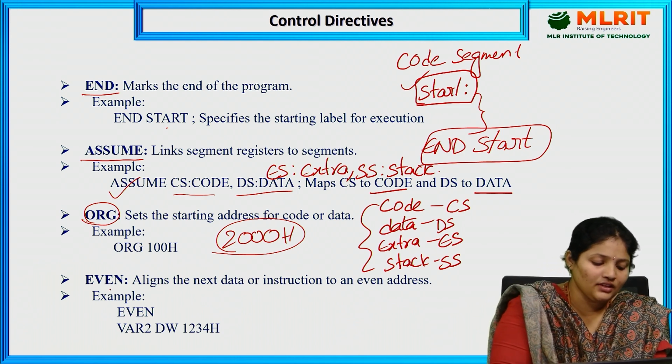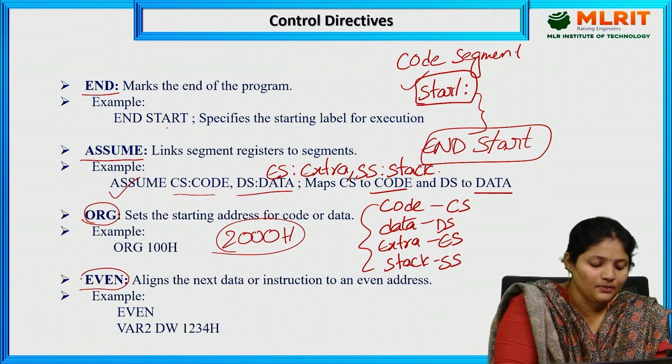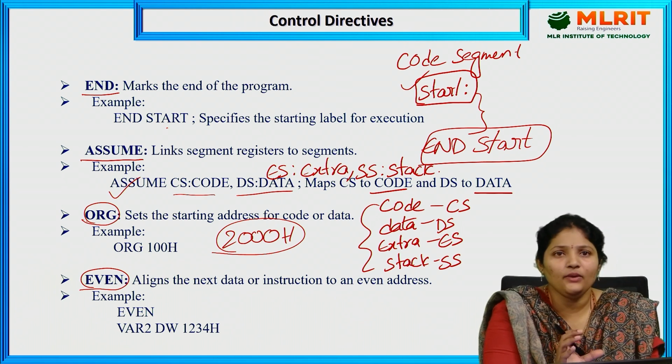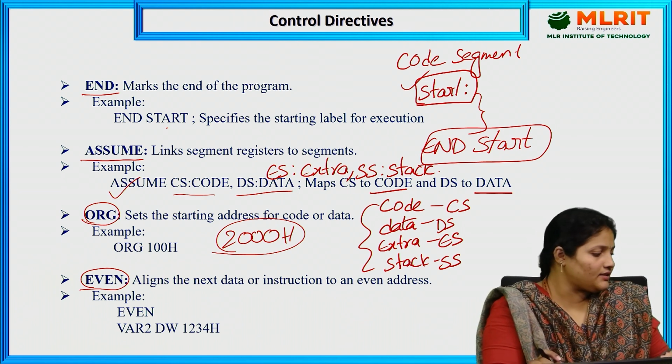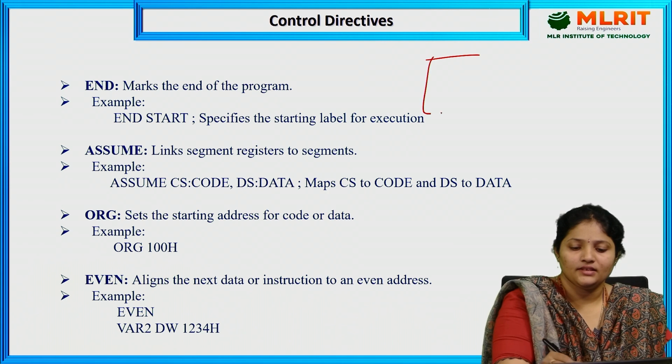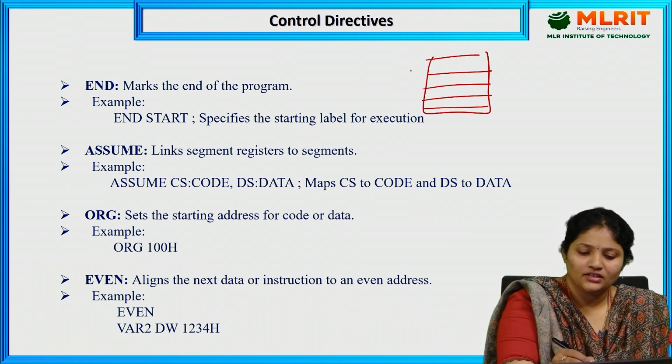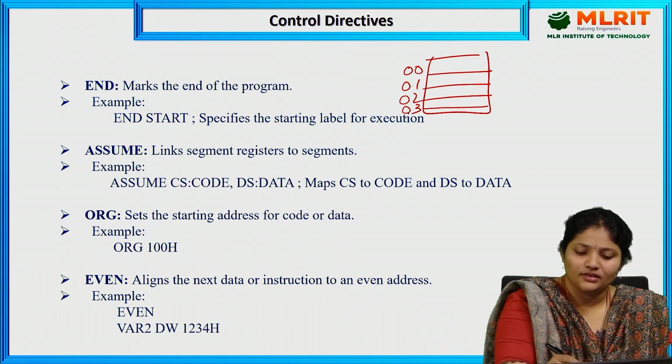So coming to the even assembler directive, it is used to use only even address locations. Suppose let us see one example. If this is the memory, the address locations are like 00, 01, 02, 03, 04.